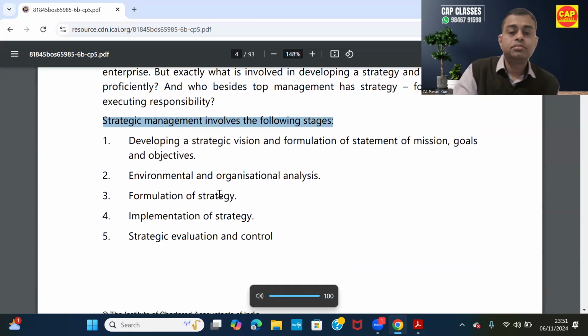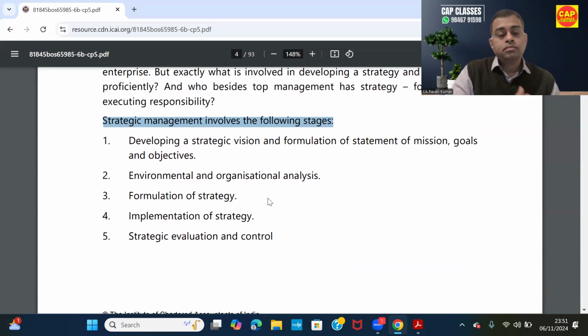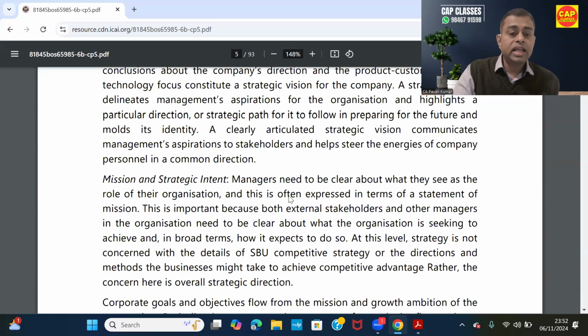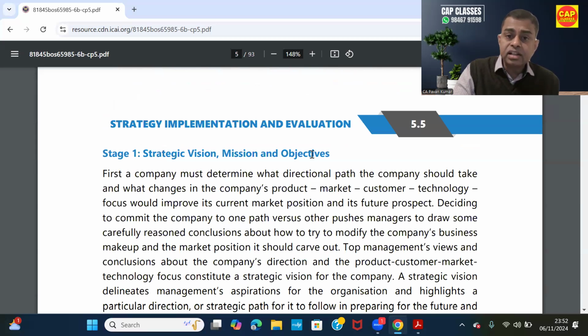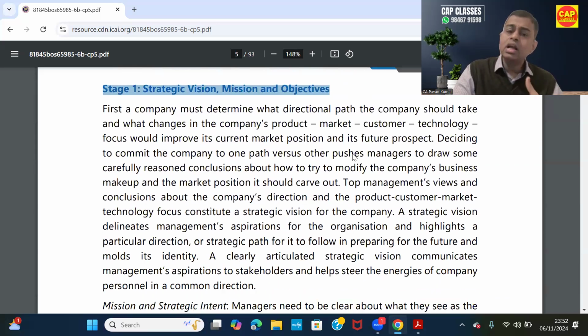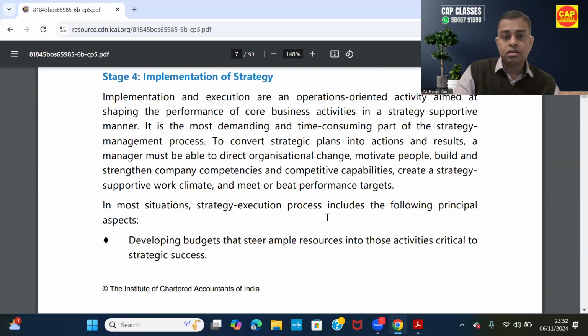Strategic management involves the following stages: developing a strategic vision and formulation of statement of mission, goals, and objectives; environmental and organizational analysis; formulation of strategy; implementation of strategy; strategic evaluation and control. Excellent. Then they have explained stages 1, 2, 3, 4, 5 in detail, which we have already seen and covered.